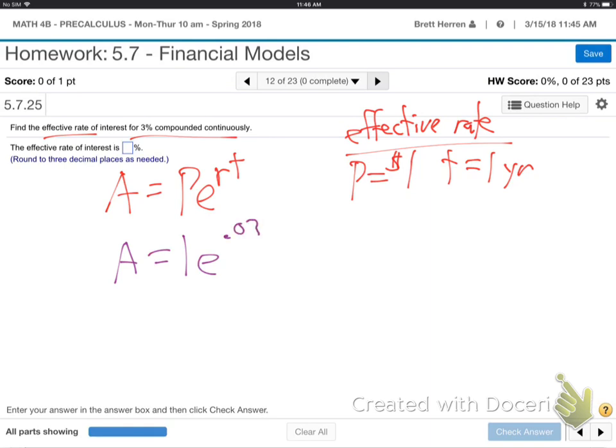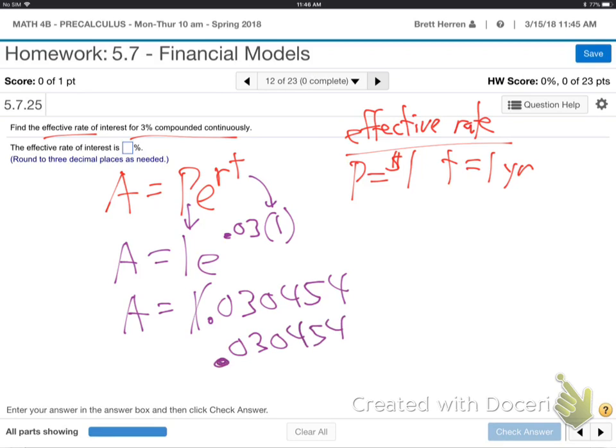The rate is stated to be 3%, but we know in reality it'll be higher. So figure that out. I'm getting 1.03045.